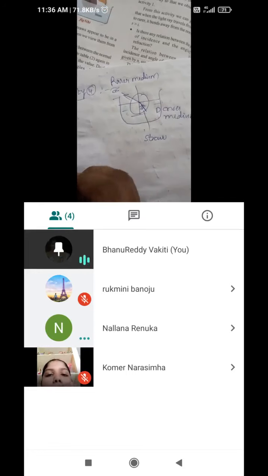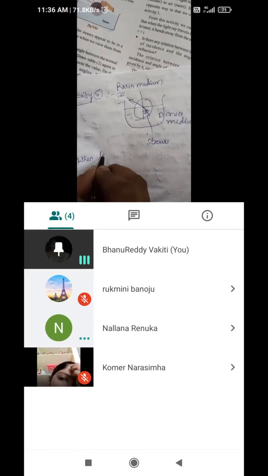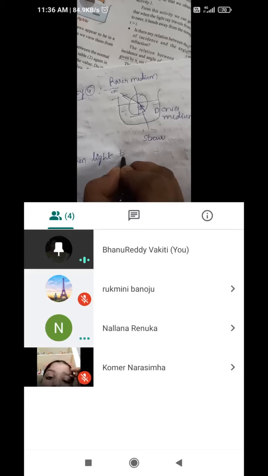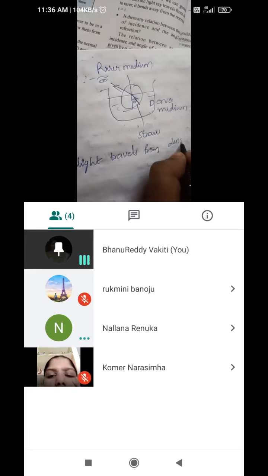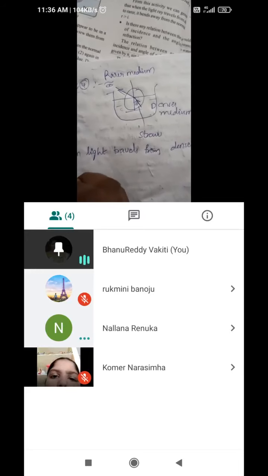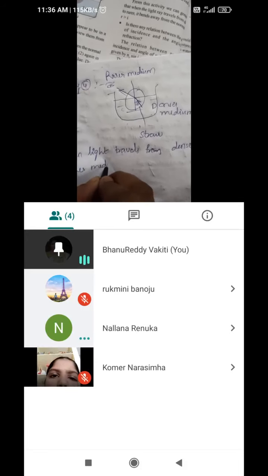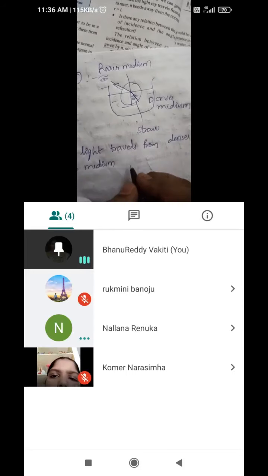So that means when light travels from denser to rarer medium, these two activities are very interesting.